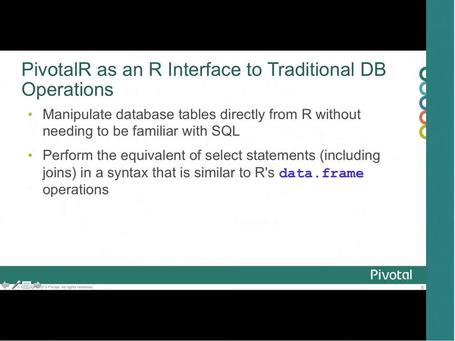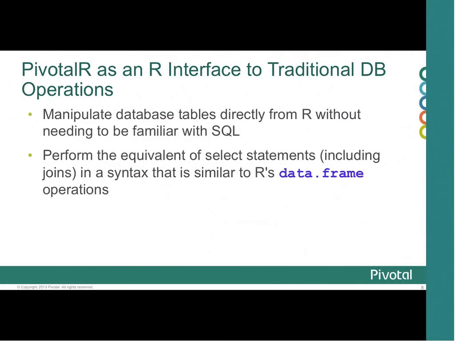So with this framework in mind, PivotalR provides an R interface to traditional database operations. What I mean by that is your select statements, your joins, and those sorts of things are now expressed in familiar R syntax. For those of you who are very familiar with R, you'll know there is a function called merge.